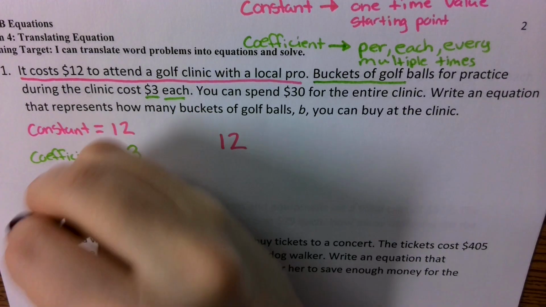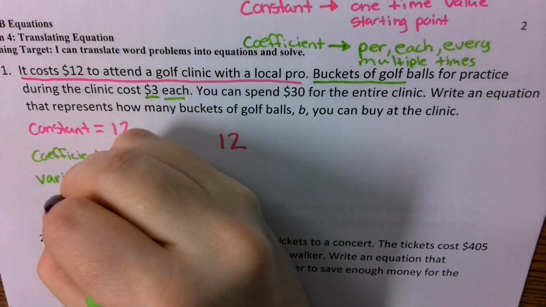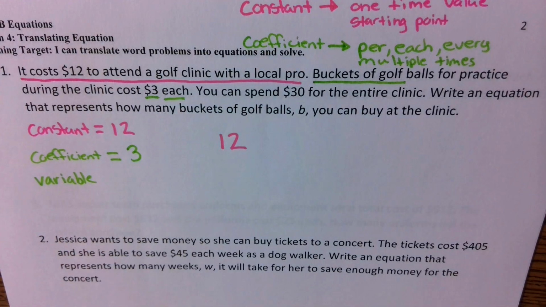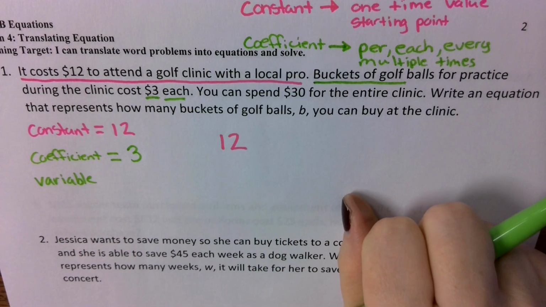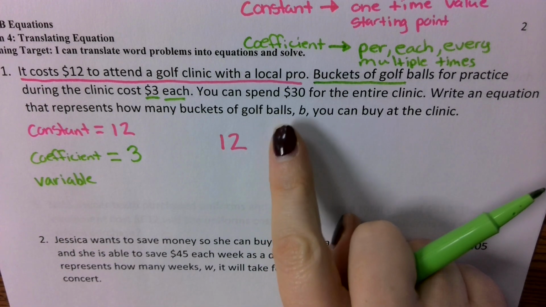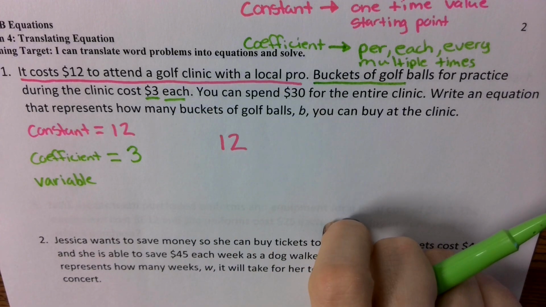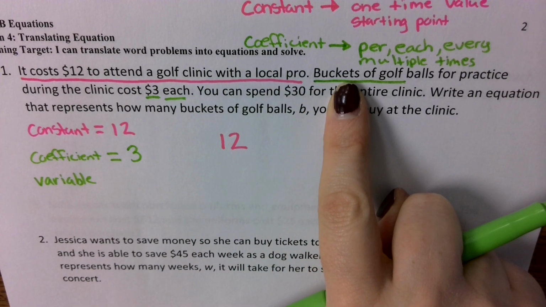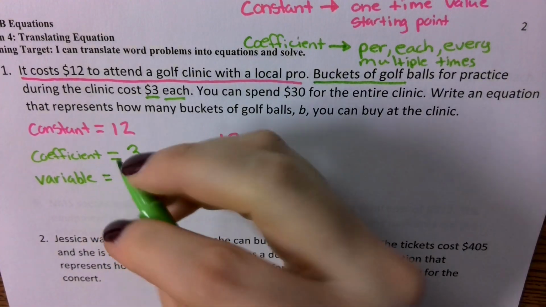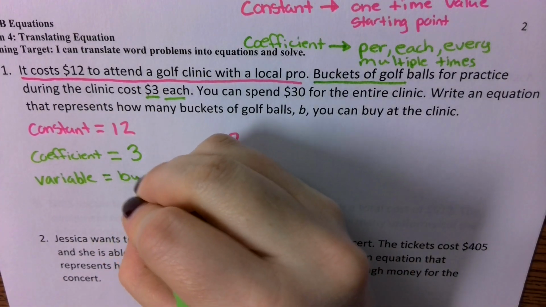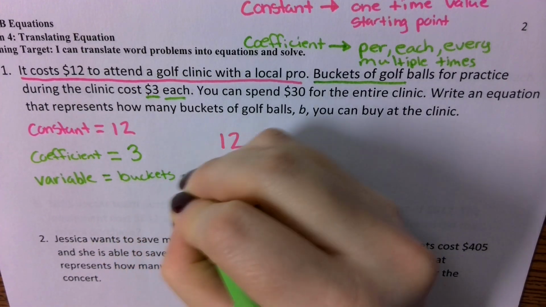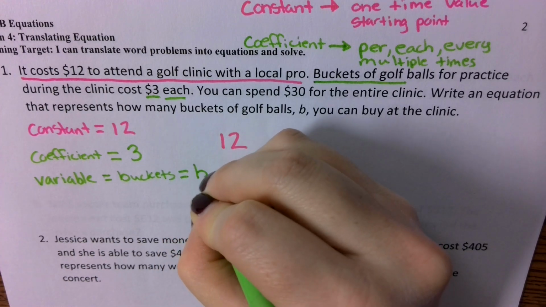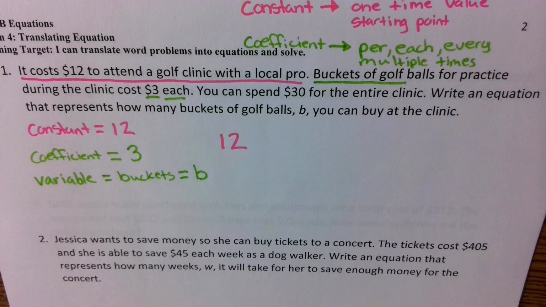We also happen to have our variable there as well. It's $3 for each what? Is it each ball? Each what? Read the question through. Each bucket, right? Your variable is going to be buckets. B.